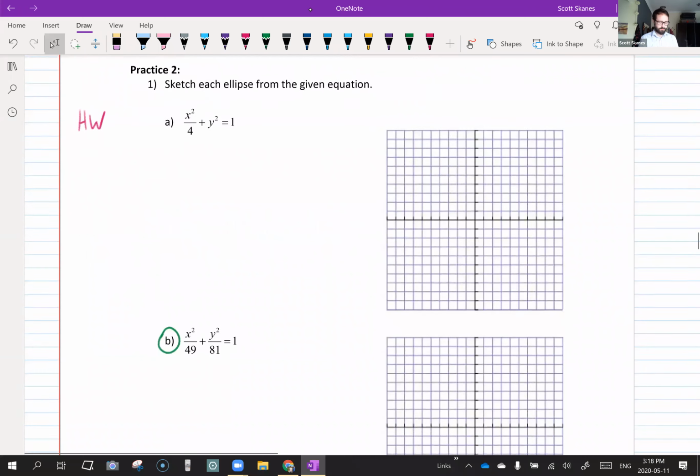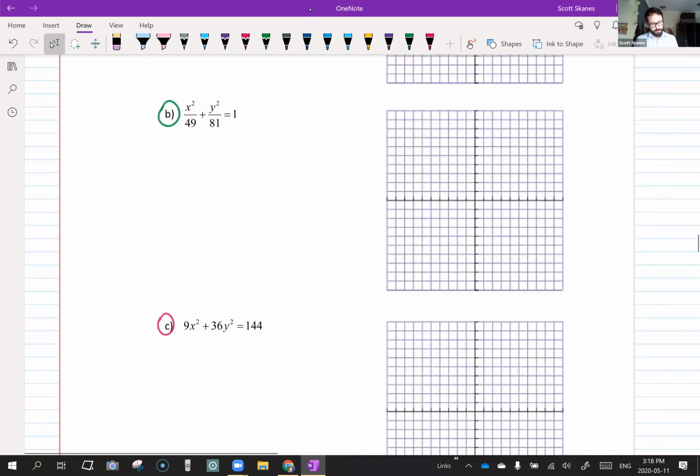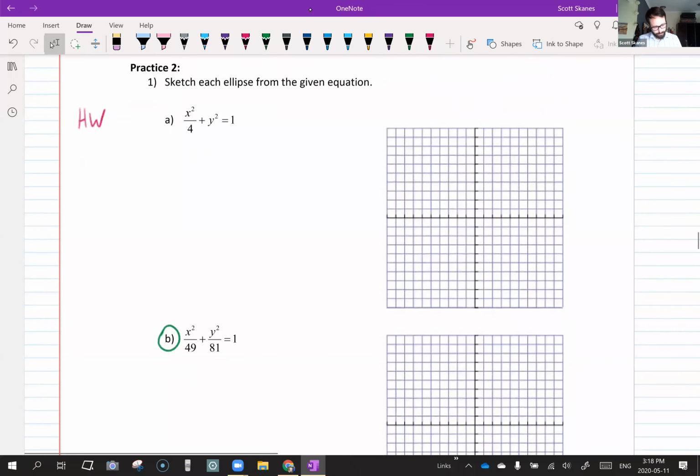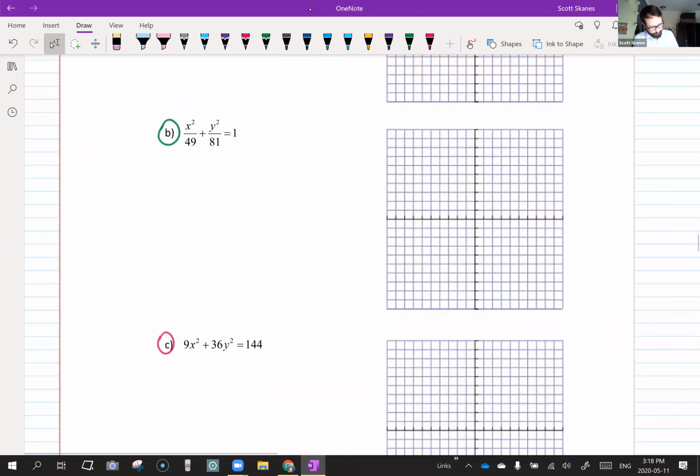Practice 2, I've said this first one's for homework. It's very basic. I'll do B. Once again, same story. I'll just do one example, I think, because these are all very similar. This is on page 21, by the way. Okay, B. What do we got? Center. First things first. What's the center?